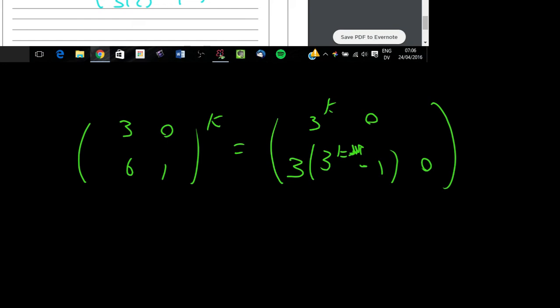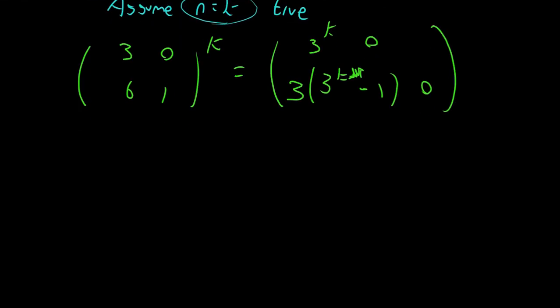Okay, and what we're doing here is we're saying that we assume that n equals k works. So assume this case is true. And we want to somehow from this get to the next step.